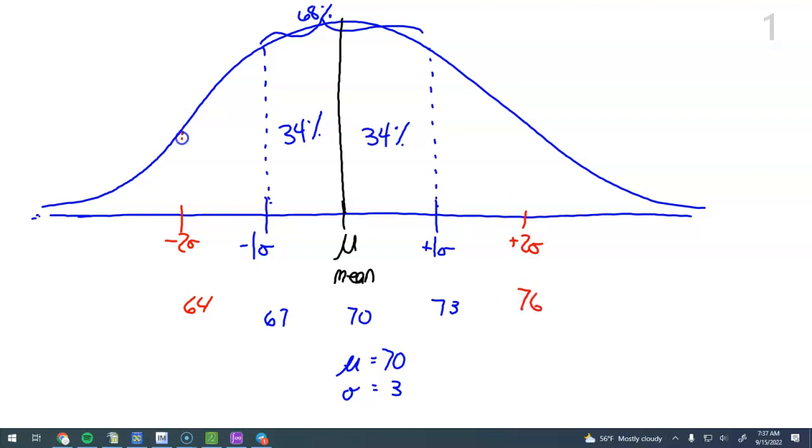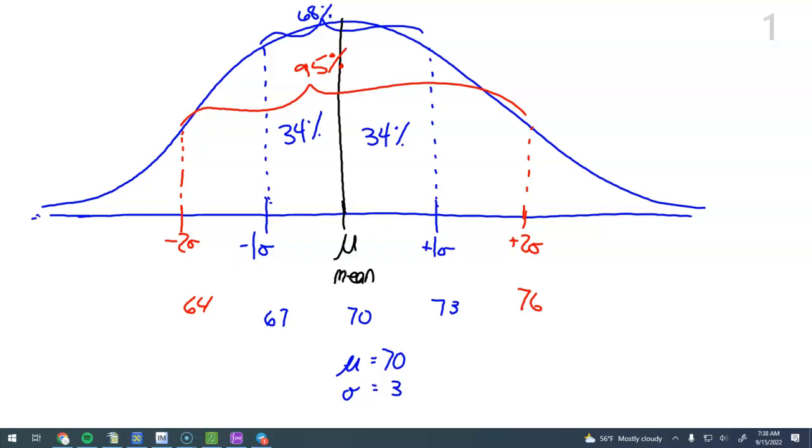So the rule there is that this contains 95%. These are estimates, but they're really close. We'll get into how to find it precisely, but it's very helpful to know the estimates. Then I can do some math and figure this out too. If I know it's 95% from here to here, I've already used 68%.